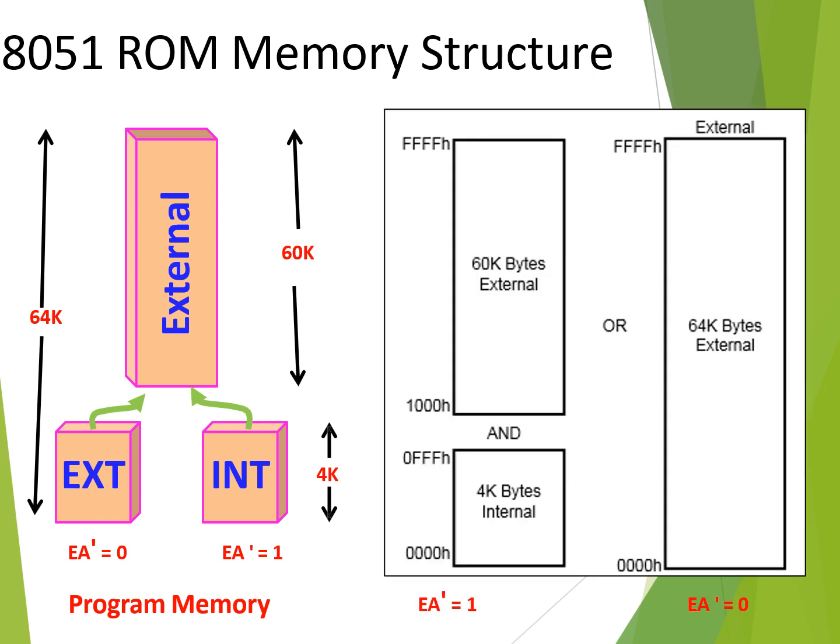This diagram I have shown with the address locations. Internally it is available with 4 kilobytes of ROM, for which the address ranges from 0000 to 0FFF. The remaining 60 kilobytes have addresses from 1000 to FFFF.